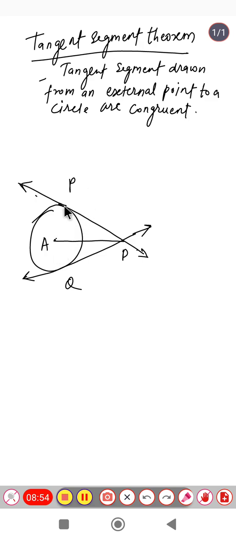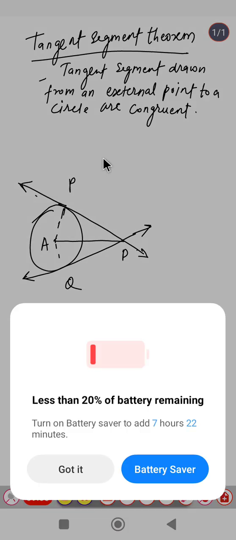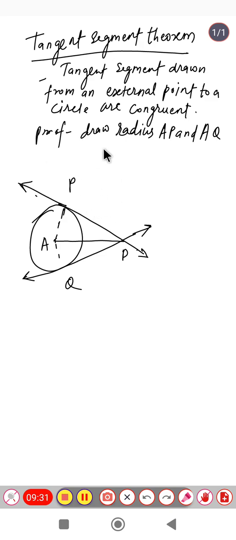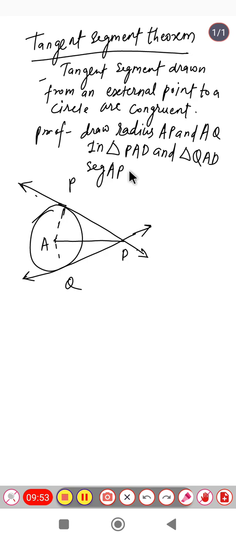We have to draw the radii AP and AQ. Now, in the proof section, in triangle PAD and triangle QAD, the segment AP is congruent to the segment AQ.